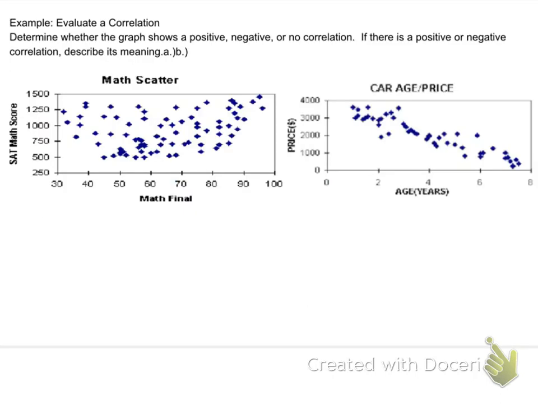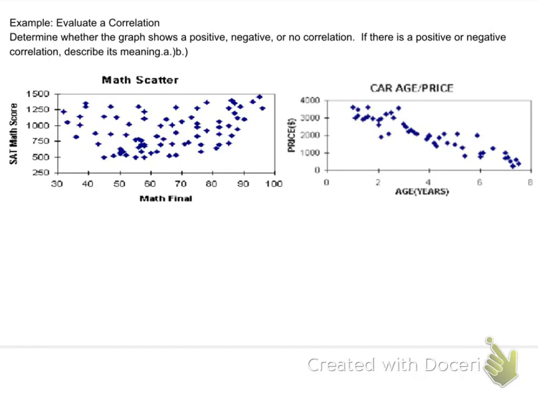So, the first examples that we have is that I need you to evaluate the type of correlation. I want you to determine whether these two graphs have a positive, negative, or no correlation. If there is a positive or negative correlation, describe what it means, what's happening.